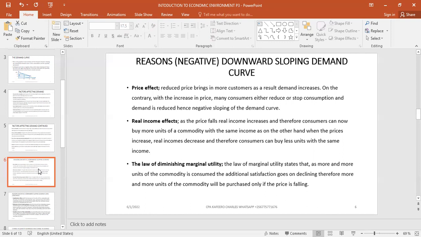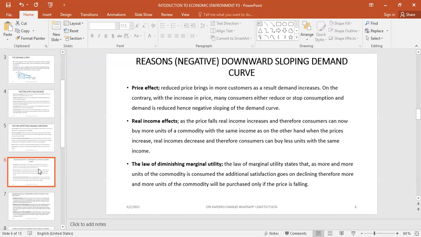So by the time the price reduces, we expect that more customers are going to come in as a result of the fall in prices. When that happens, we expect that the demand is also going to increase.